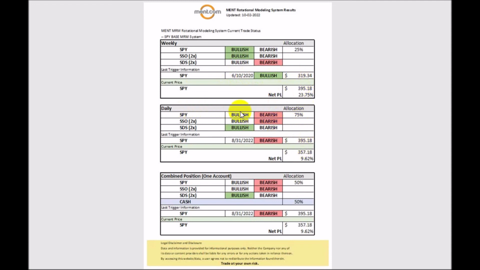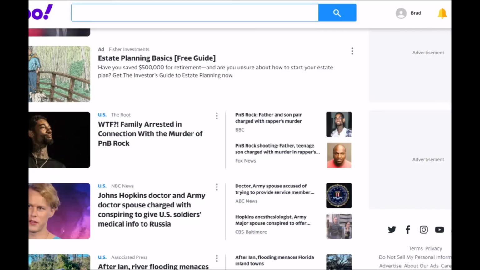From our bearish trade on this daily chart of 831.22, we have got 9.62% profit. And from our net position of a net 50% bearish trade, 50% cash, we have got the same 9.62% profit in this trade.